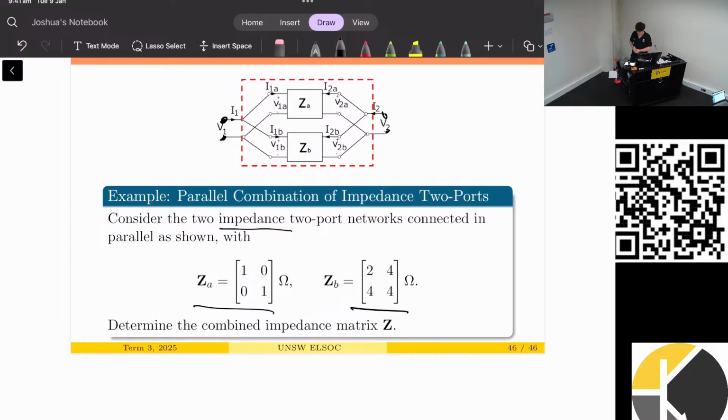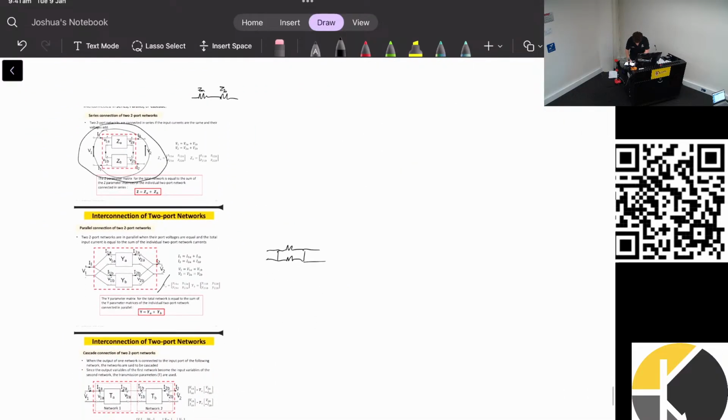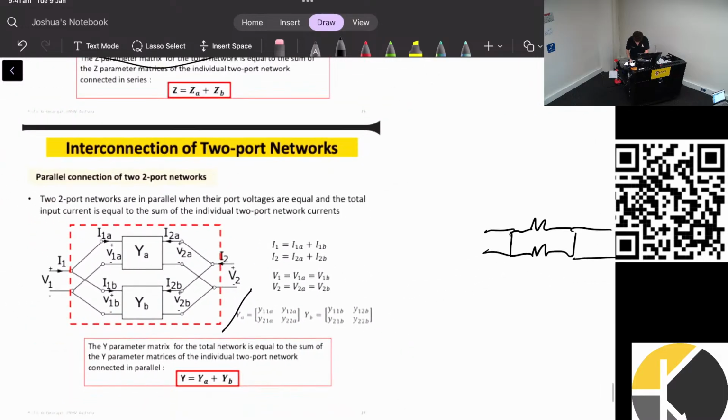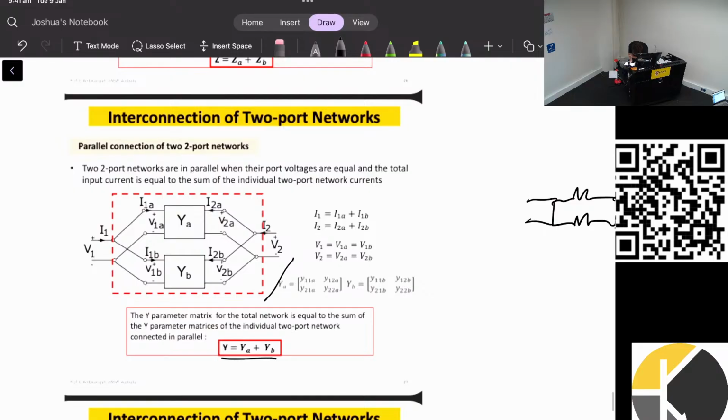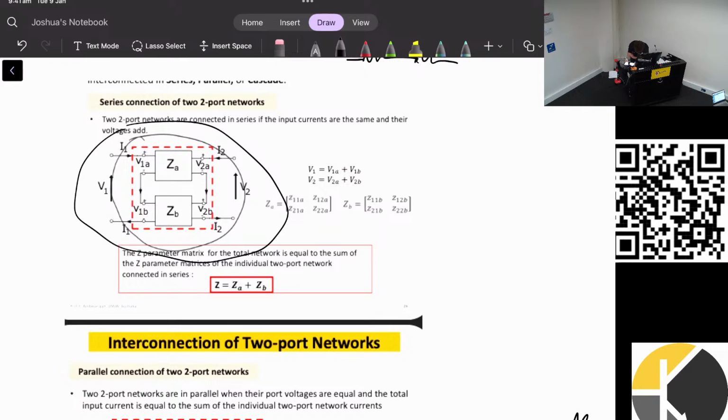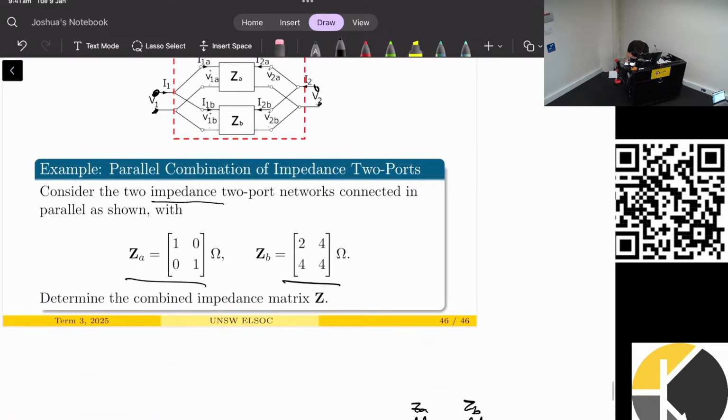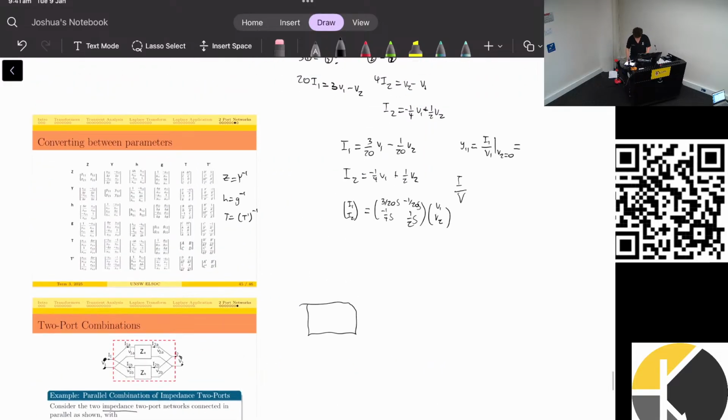Now, if you remember from the slide I just showed you, we can't just add them because they're not admittance parameters. If they were in series, we could, but they're in parallel. So can anybody think of a sneaky trick that we can do to solve our problem?